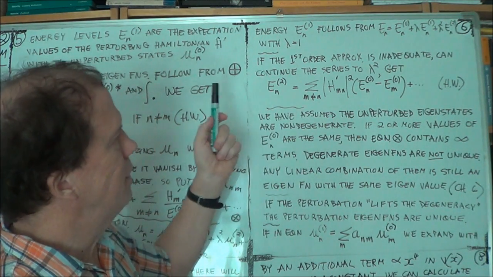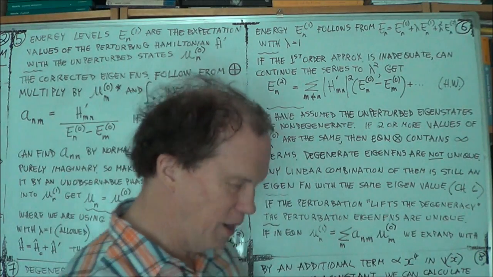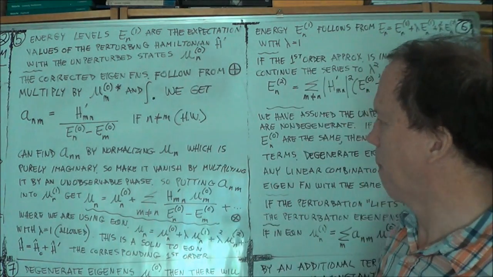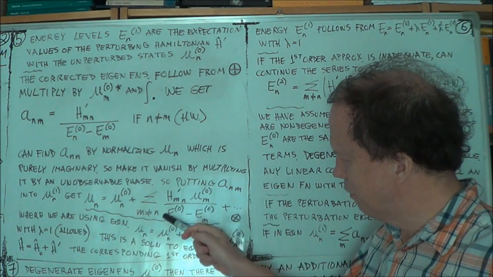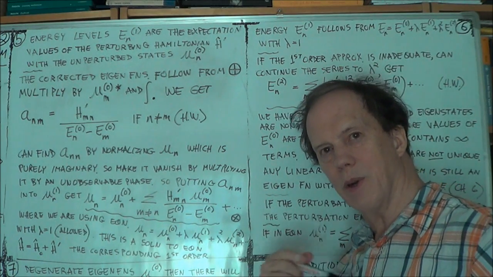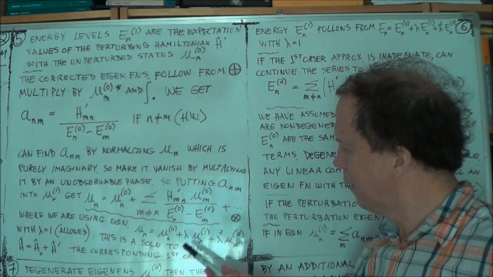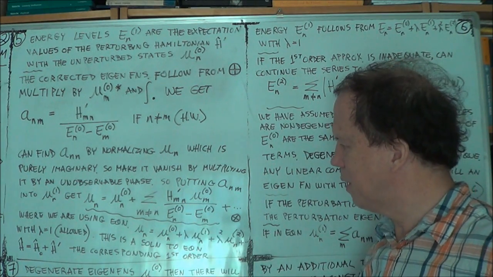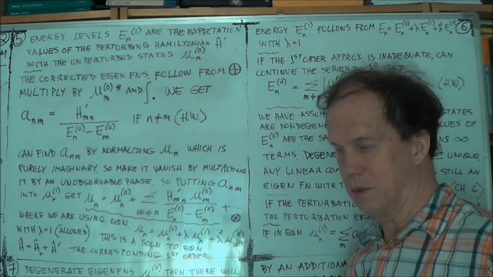Alright, now there's a problem. The problem, if you think about it, involves this term. It involves this denominator. And you can probably guess where I'm going with this. What happens if these two energy values here are equal?